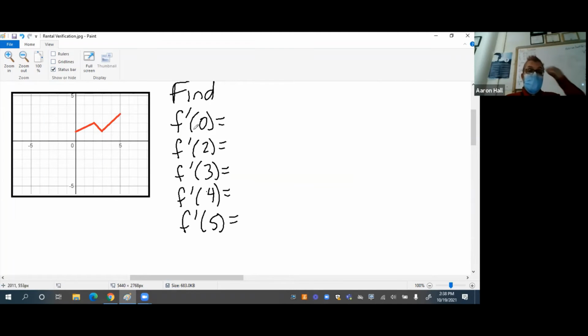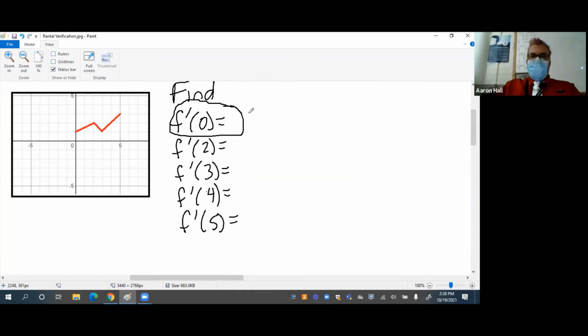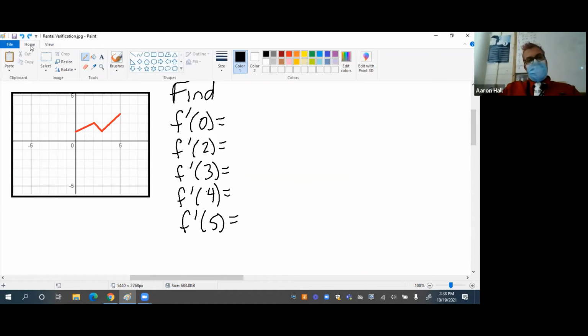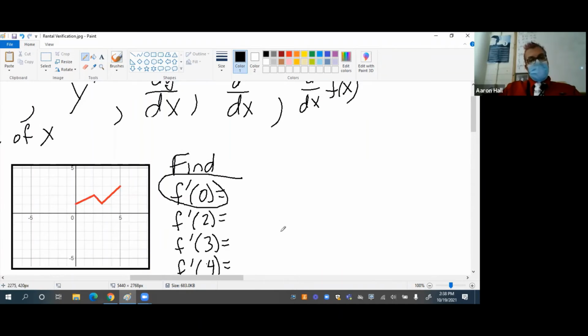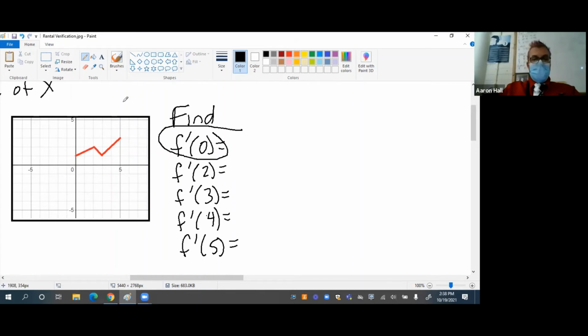Okay. So what am I asking here? What is this? Well, we can't answer it if we don't understand what's being asked. What is being asked here? Yeah, I want to know what the slope is when x is 0.